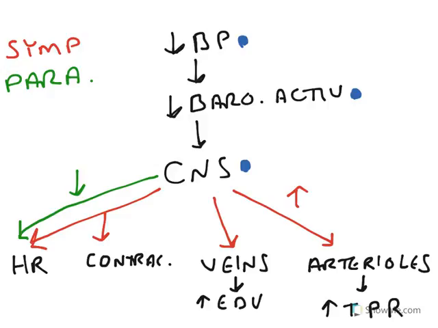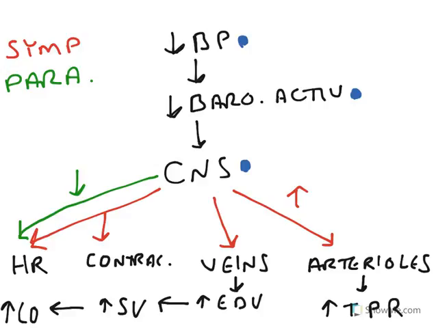So increased end-diastolic volume will give us increased stroke volume, which in turn will contribute to an increased cardiac output.